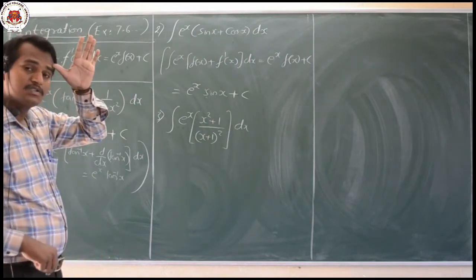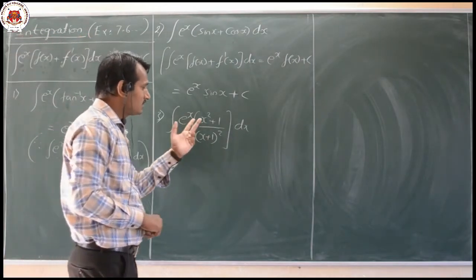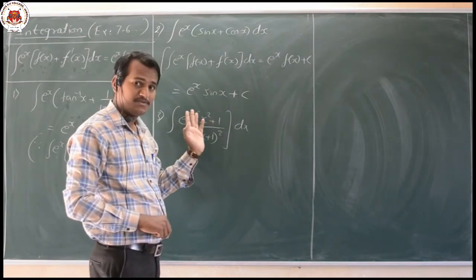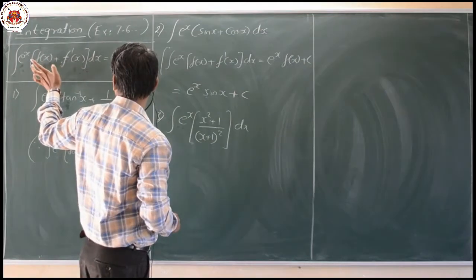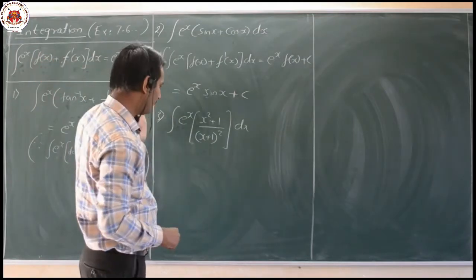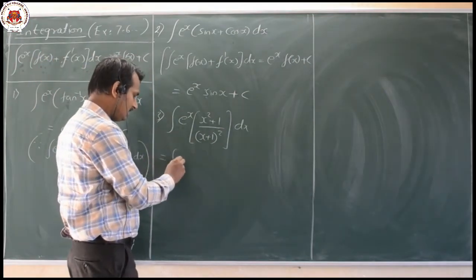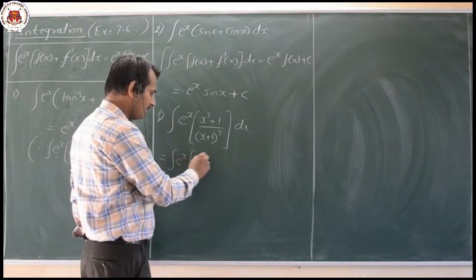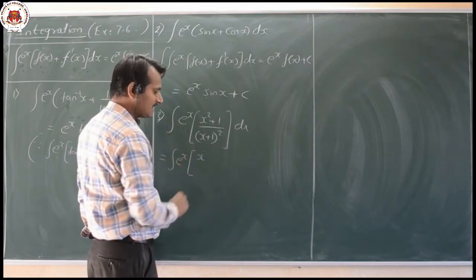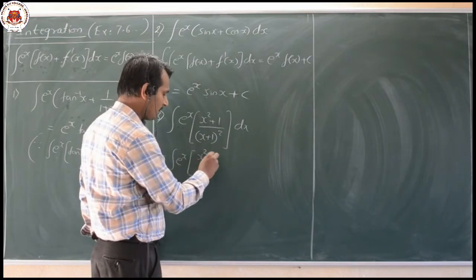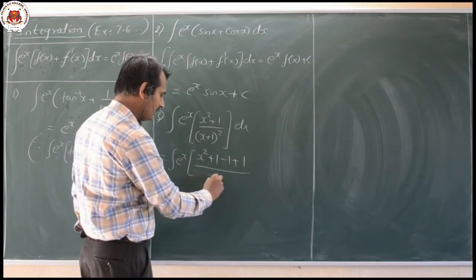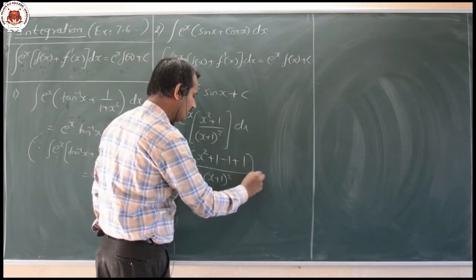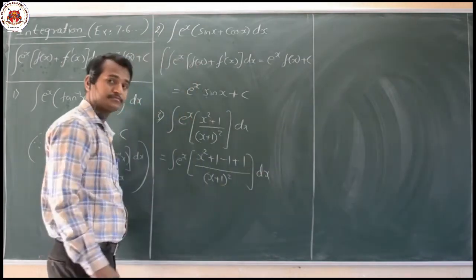So what I can do is add and subtract some values so that it meets our result, that is, f of x and f dash of x. I will add and subtract 1 in the numerator: integration of e raised to x into x square plus 1 minus 1 plus 1, divided by x plus 1 whole square, into dx.